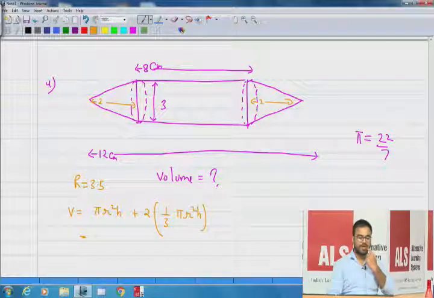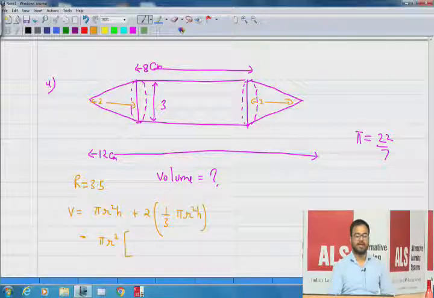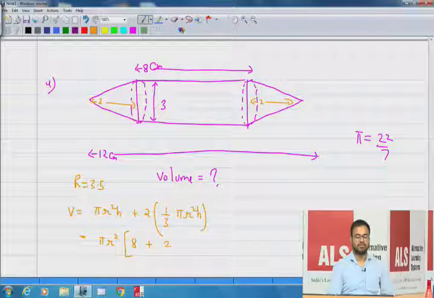So what you can do, you can take pi r square as common, since it is same for both of them. The height for cylinder is 8, which is h, plus 2 by 3, height for that cone is 2.